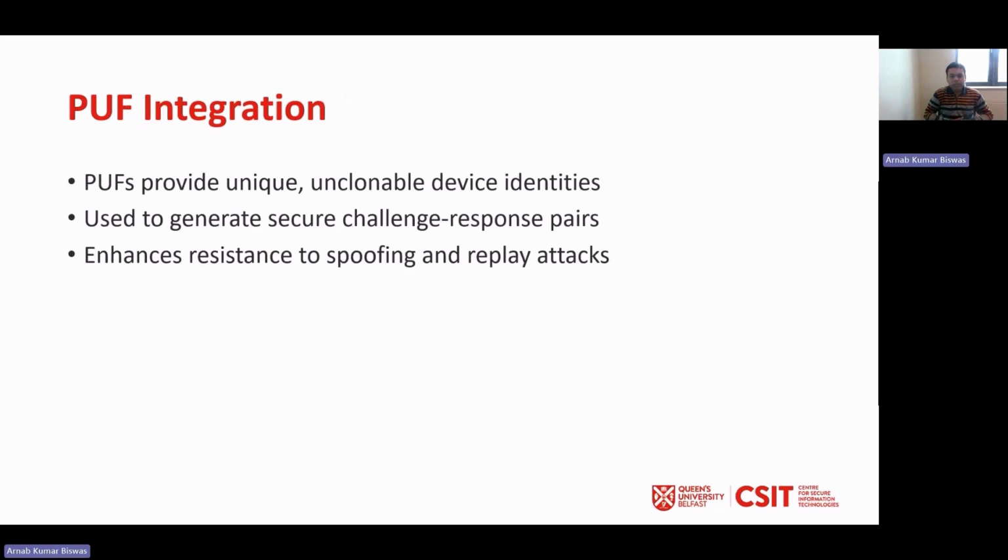Regarding PUF integration, as you probably know, PUFs provide a unique, unclonable device identity. At the hardware level, it provides a kind of hardware root of trust. It is also used to generate secure challenge response pairs, and it enhances resistance to spoofing and replay attacks. So that's about the PUF.